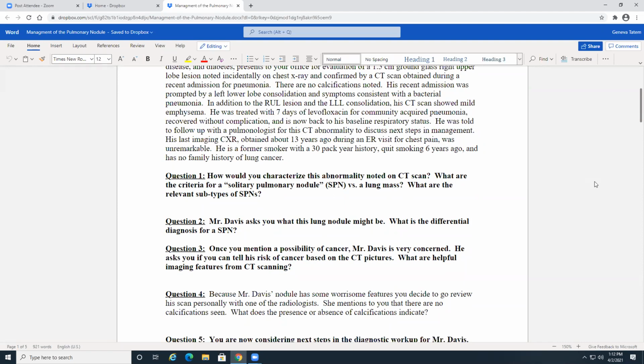And they mentioned to you that they don't see any calcifications. So what does the presence or absence of calcifications do for you? How does that help or not? It doesn't necessarily indicate that you're dealing with something that's benign. The type.